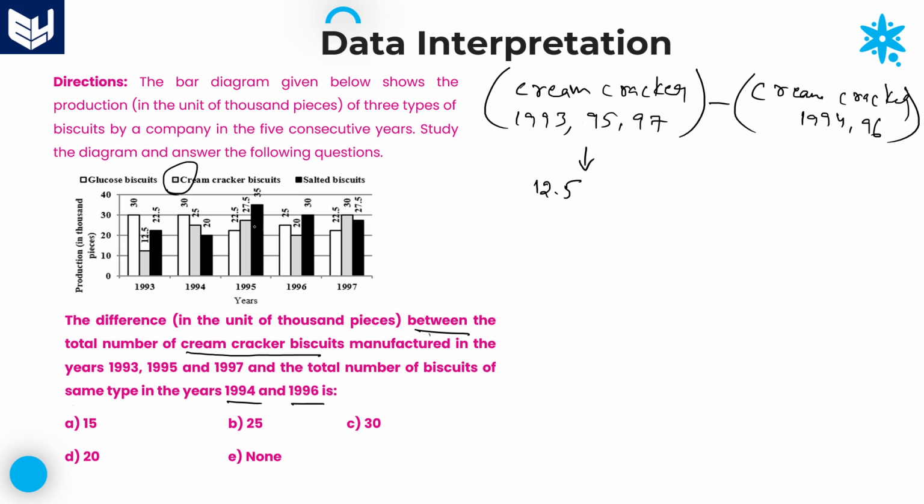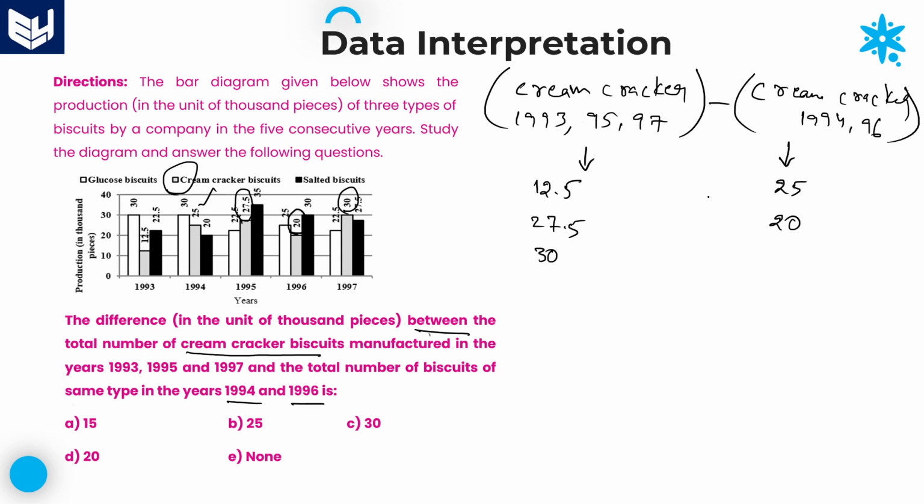Next 95, which is 27.5. 97, middle one, 30. And next 94, cream cracker, that is 25. And 96, middle one, that is 20.